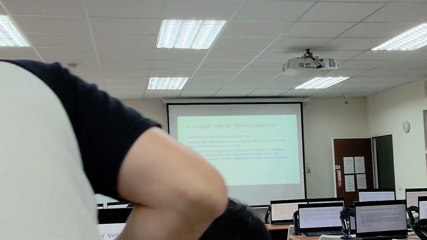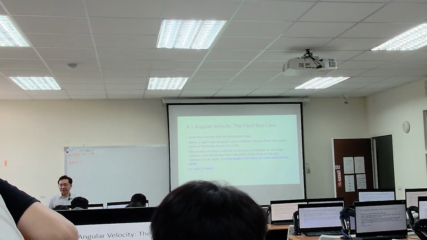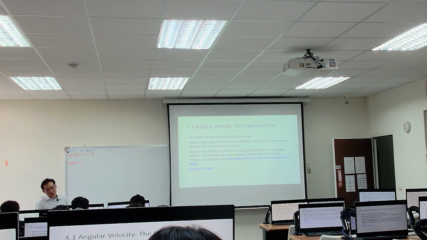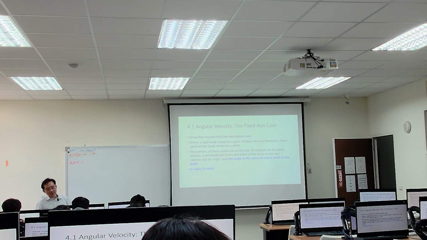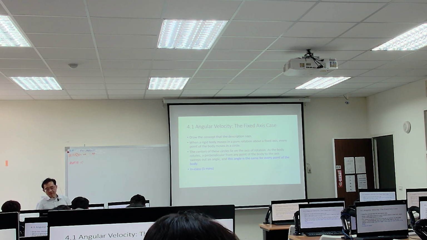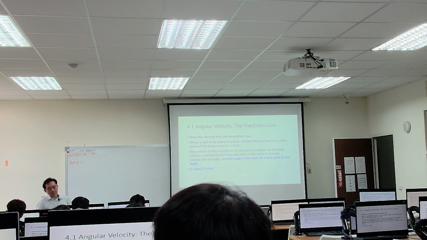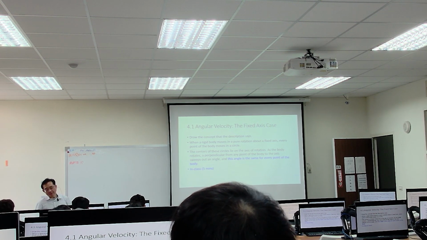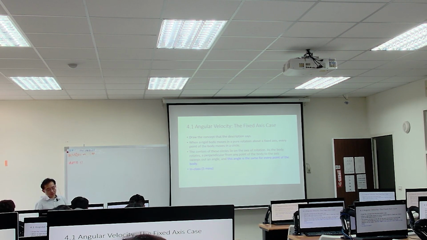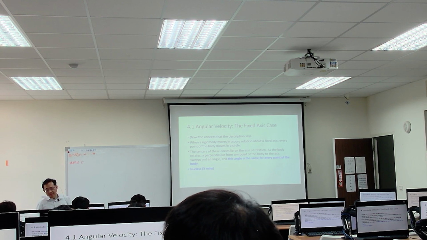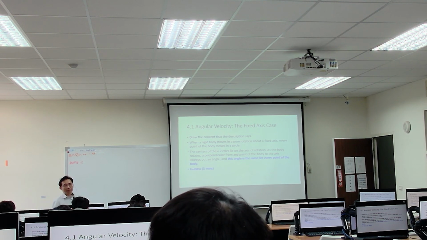When a rigid body moves in a pure rotation about a fixed axis, every point of the body moves in a circle. The centers of these circles lie on the axis of rotation. As the body rotates, a perpendicular from any point of the body to the axis sweeps out an angle, and this angle is the same for every point of the body.